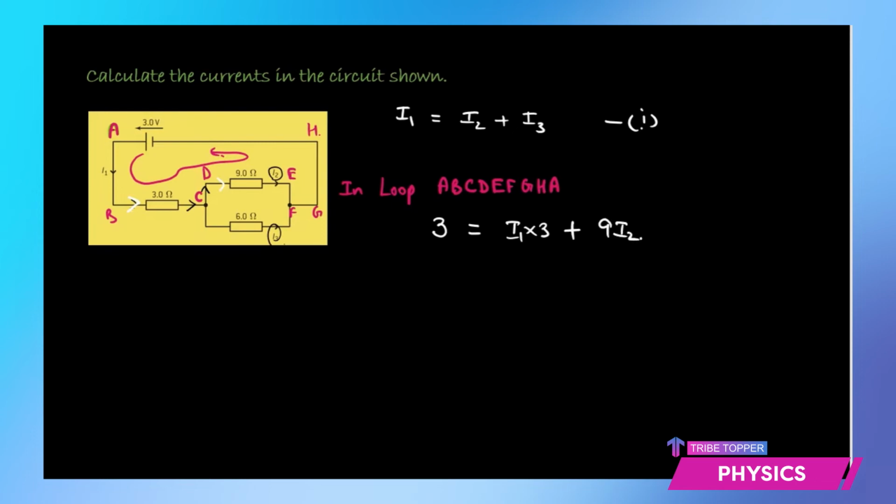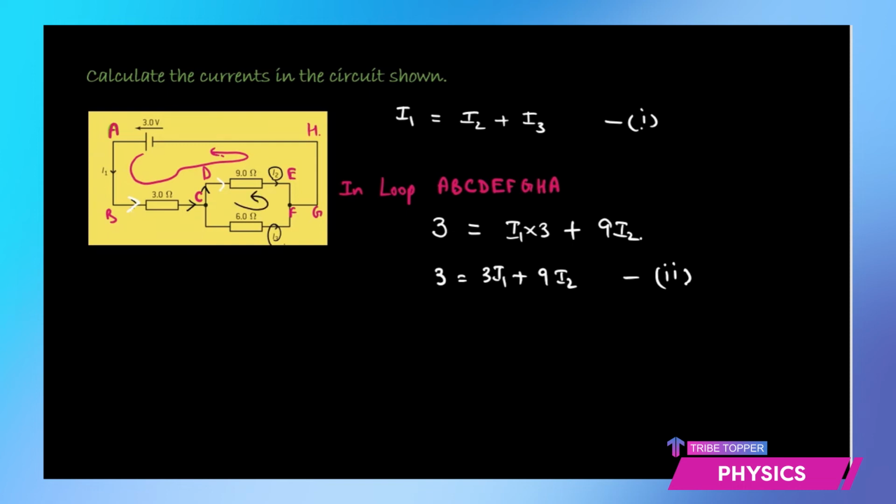So 3 is equal to 3I1 plus 9I2. That's the second equation.